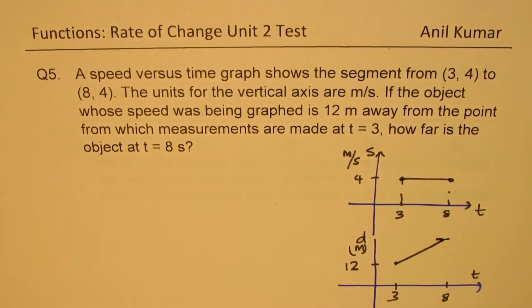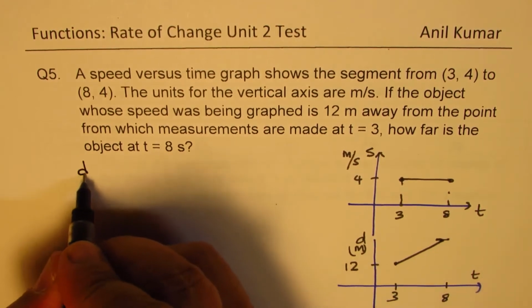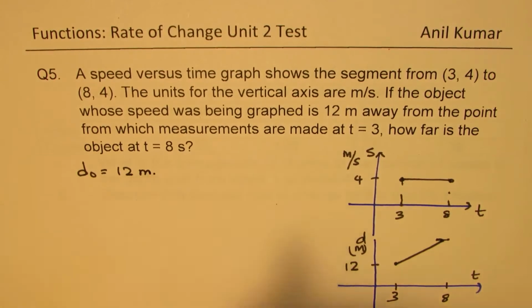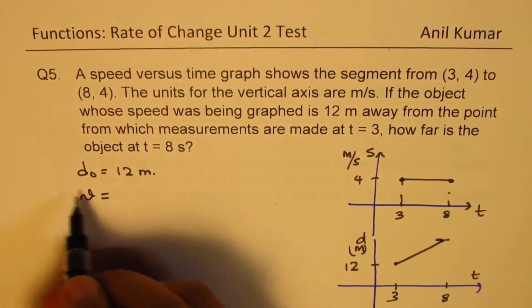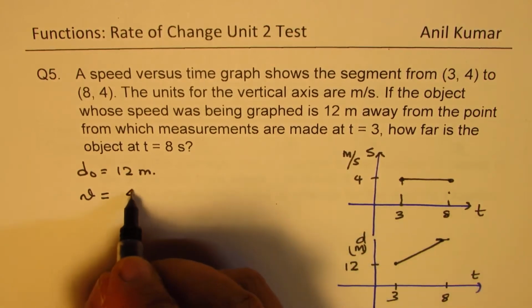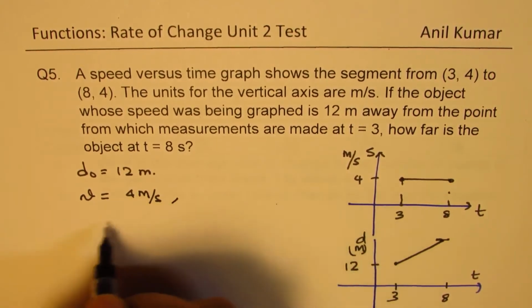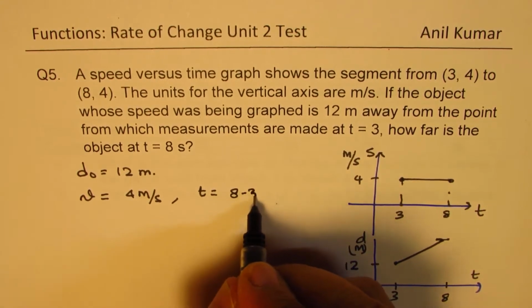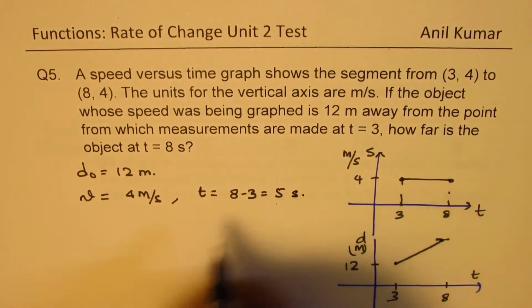Correct? So a couple of ways we can do it. We know that the initial distance d0 is given to us as 12 meters, right? Now the object is moving with a speed of 4 meters per second, and it travels for a time of 8 minus 3, which is 5 seconds.